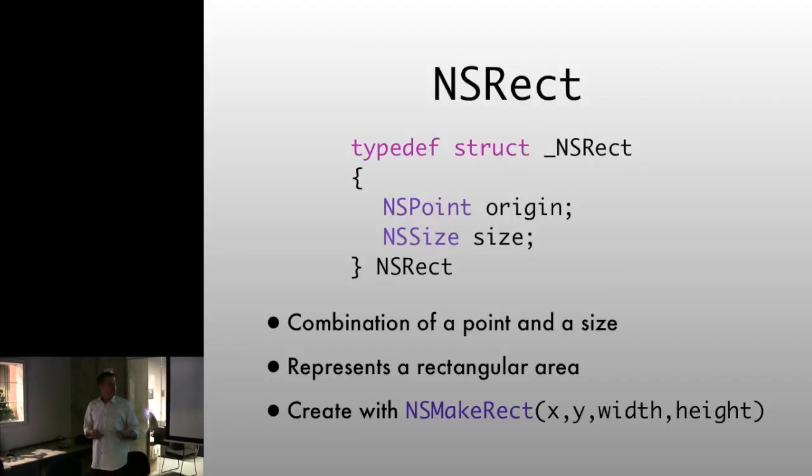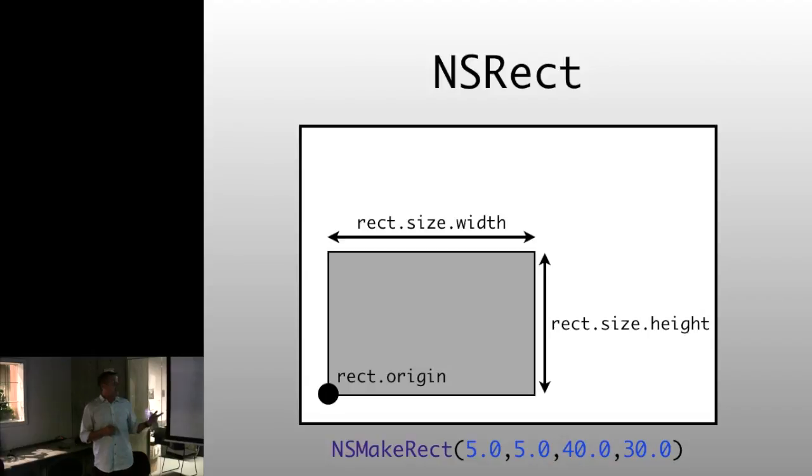NSMakeRect takes all four parameters and gives you back that structure as a value. CGRect is the same thing. It has a CGPoint as an origin and a CGSize as its width and height. So for NSRects, the origin is lower left, positive X is the width, and positive Y is the height.